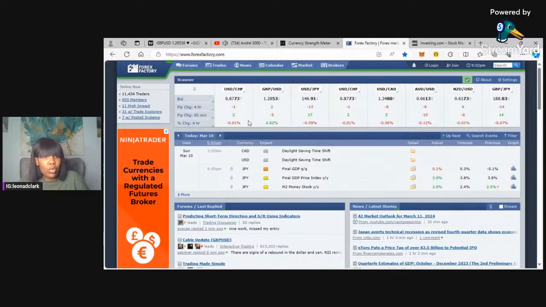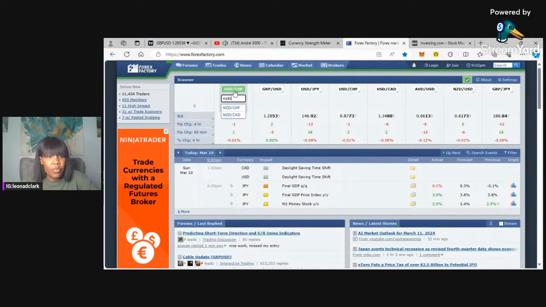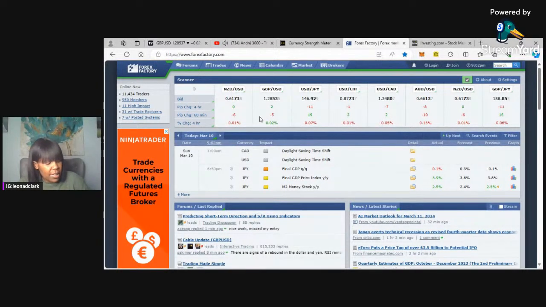Okay, we do not have 2 green numbers, so that is an X next to USD CHF. NZD USD is next for the sale. We need to see 2 red numbers on here. We do not see that, so X next to NZD USD. It is not confirmed for the sale on both time frames.